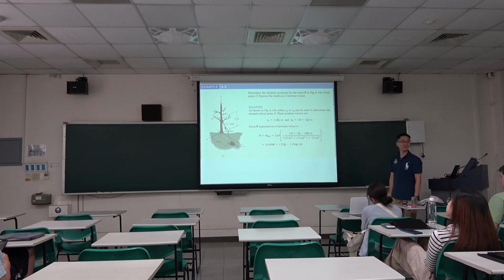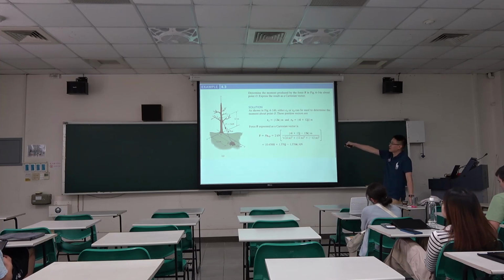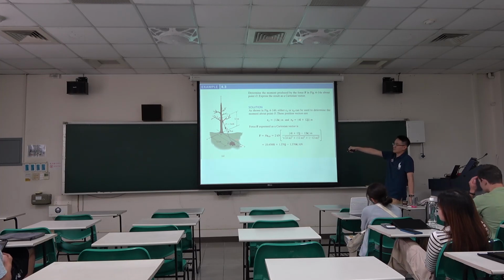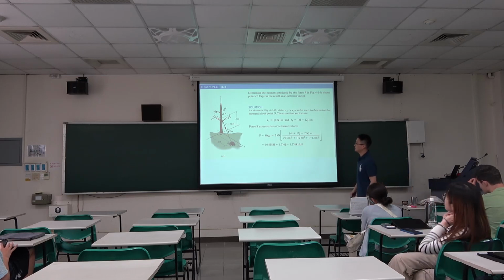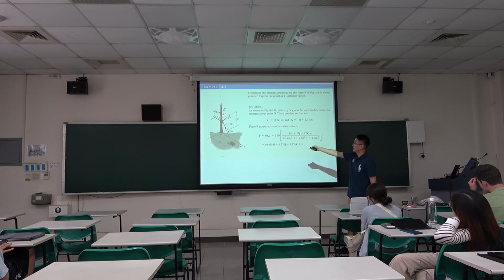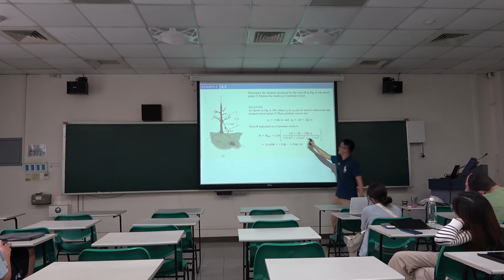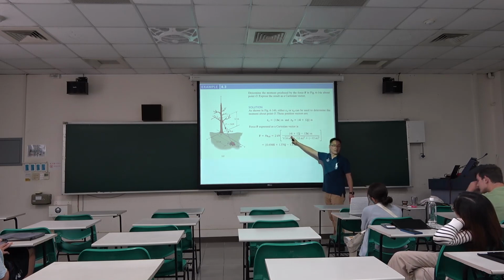Then we have to work out the force vector. First of all, we work out the unit vector. It is from A to B, so we use point B minus point A. For the X component, point B is 4, A is 0, so here is 4.